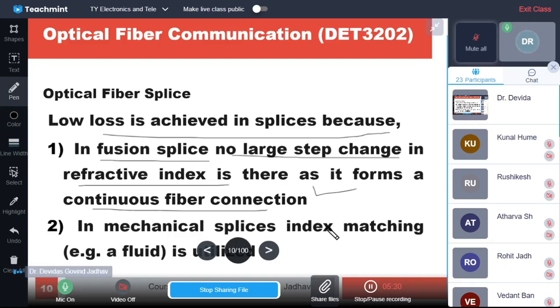In mechanical splices, the same Fresnel reflection can be reduced by splicing with index matching, that is, some fluid is filled in between the fiber gap.